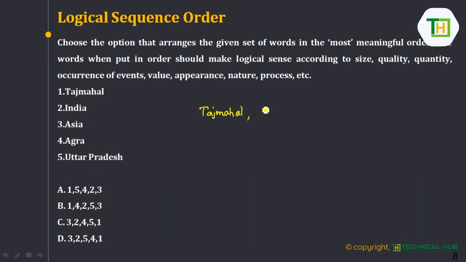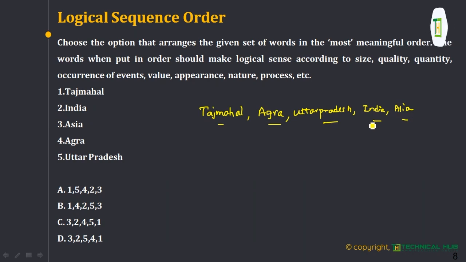Taj Mahal is in Agra. Agra is a city, and that city is in Uttar Pradesh, which is a state. Uttar Pradesh is in India, which is a country, and India is in Asia, which is a continent. So it is place, city, state, country, and continent.